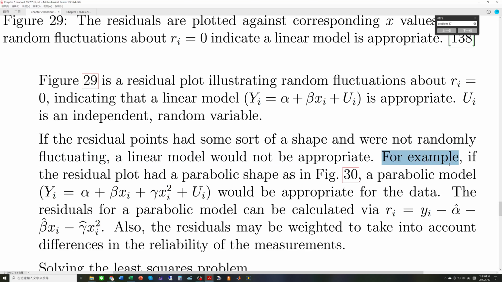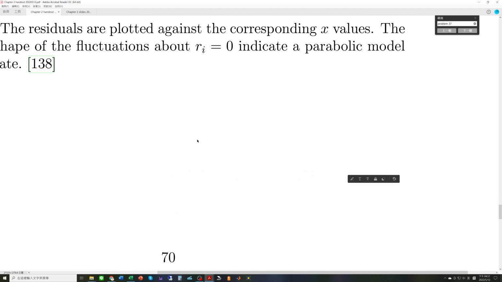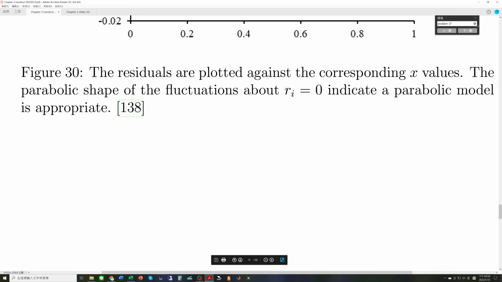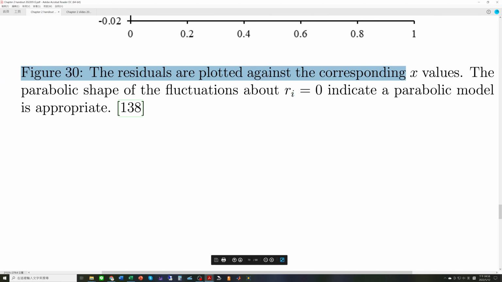For example, if the residual plot had a parabolic shape as in figure 30. Let us see figure 30. In figure 30, the residuals are plotted against the corresponding x values.